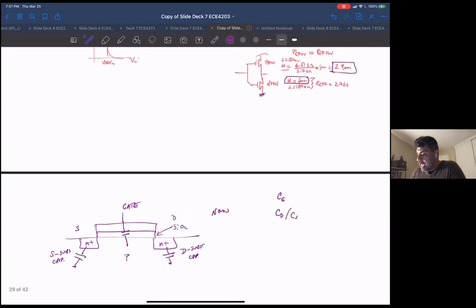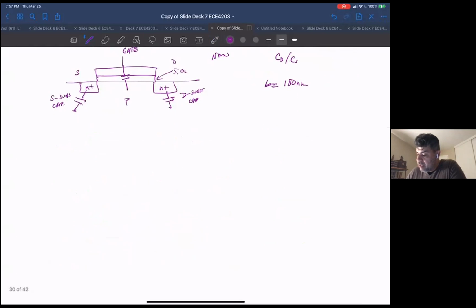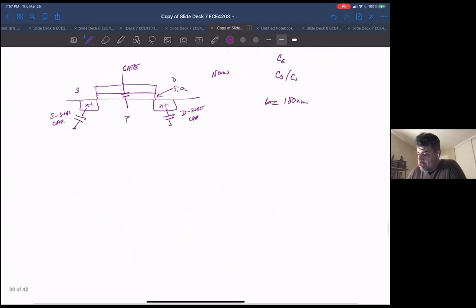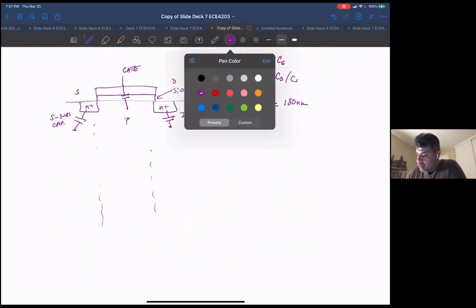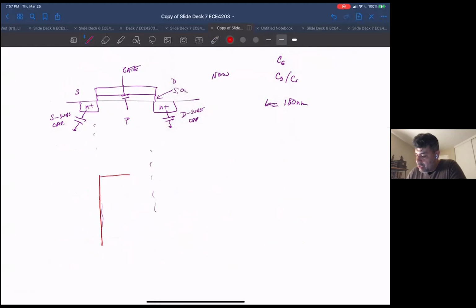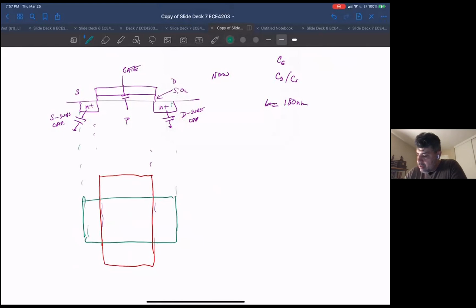Again, the length you're going to assume for the devices is 180 nanometers. If I look at this from the top, so this is a side view, it's going to look like, I have a gate, and then I have my active, and then I'm going to have my active contacts.